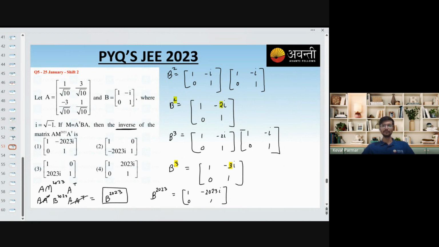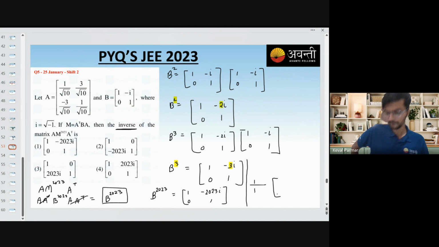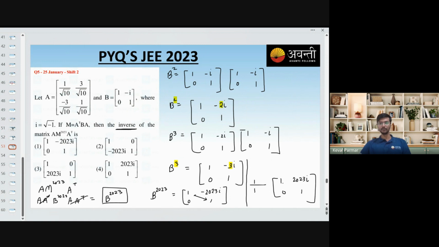How to get the inverse? Inverse will be equal to 1 upon determinant of A, 1 minus 0, 1 into adjoint. I hope you know the shortcut for adjoint, guys. Interchange these two elements and change the sign of these two elements. 2023I, and here will be 0. So this is my final answer. That is 1, 2023I, 0 and 1. Option number 4. Option number 4.